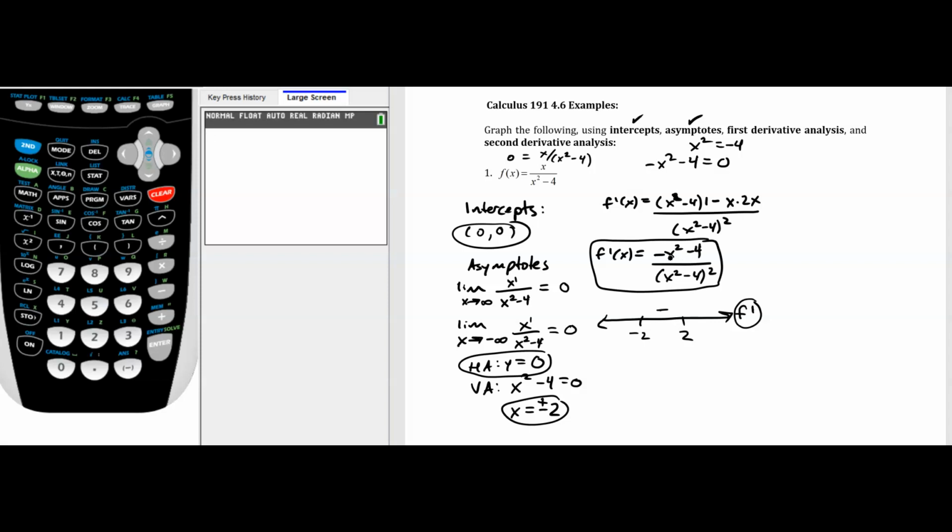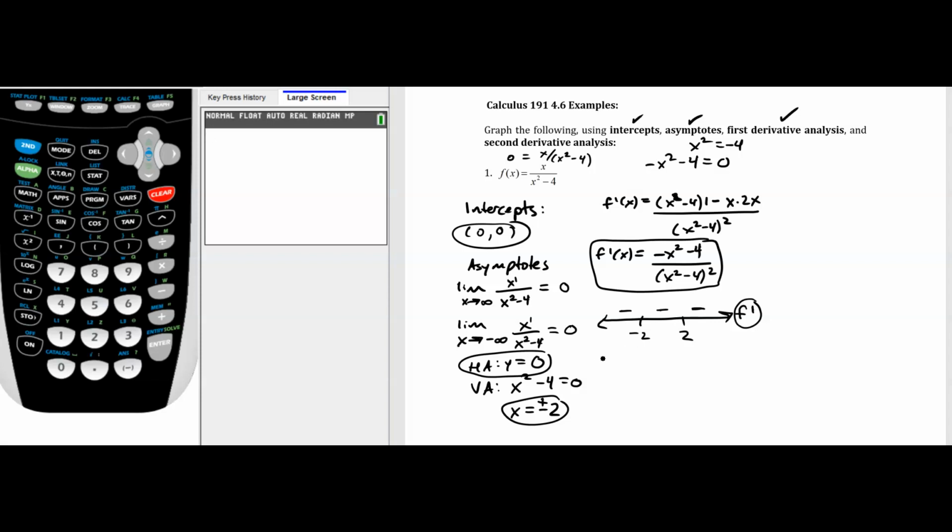Because no matter what you plug in for x, when you square it and then negate that and then subtract 4, it'll always give you a negative number. So the numerator is always going to be negative, and the denominator, since you're squaring, is always going to be positive. So that means everywhere along this f prime number line, our first derivative is going to be negative. Okay, so there's our first derivative analysis.